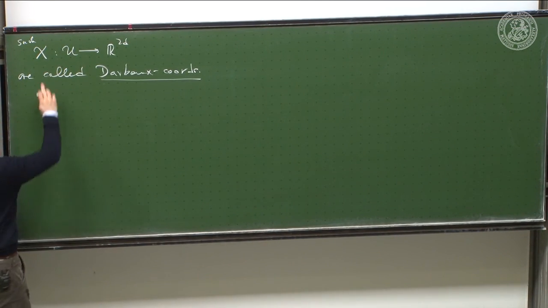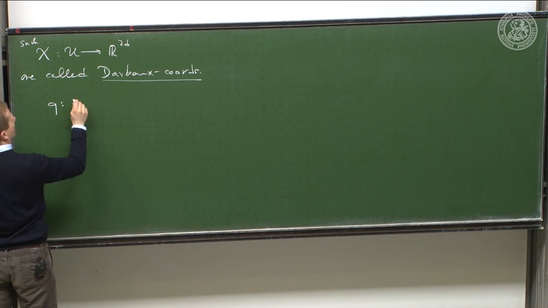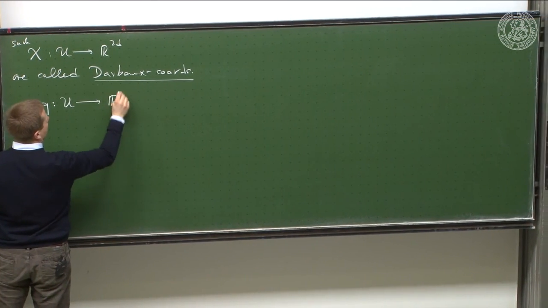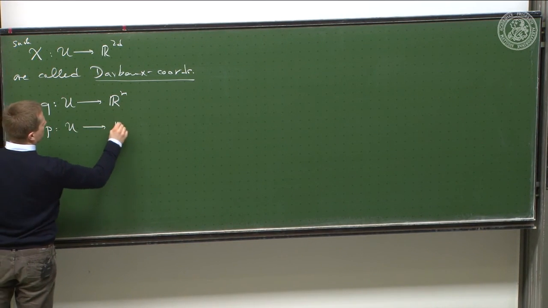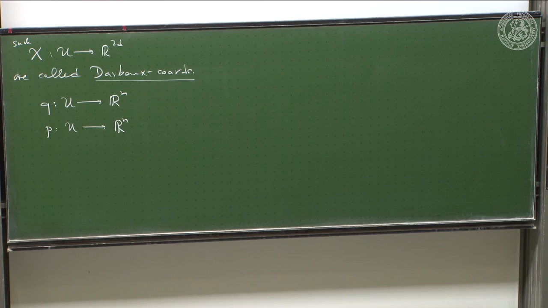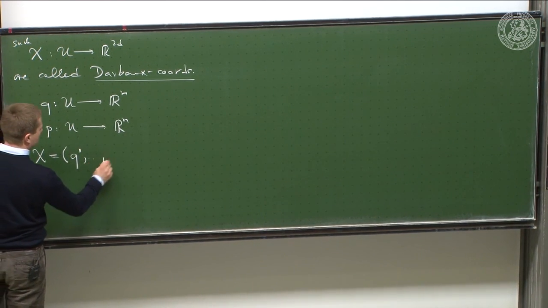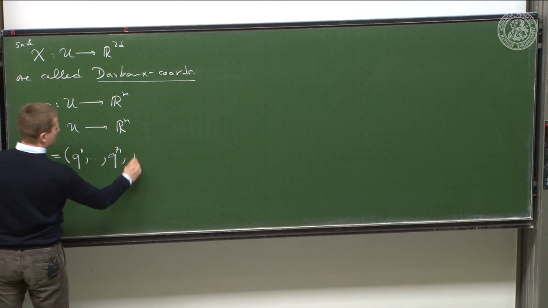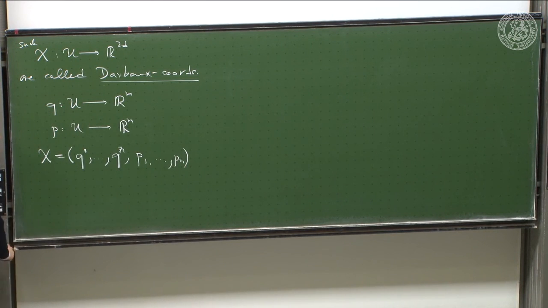And it's convenient to split them into 2 parts. One half of them you call Q, and the other half of them you choose to call P, such that the Darboux coordinates are the Q^1 to Q^n, and then the P_1 to P_n.